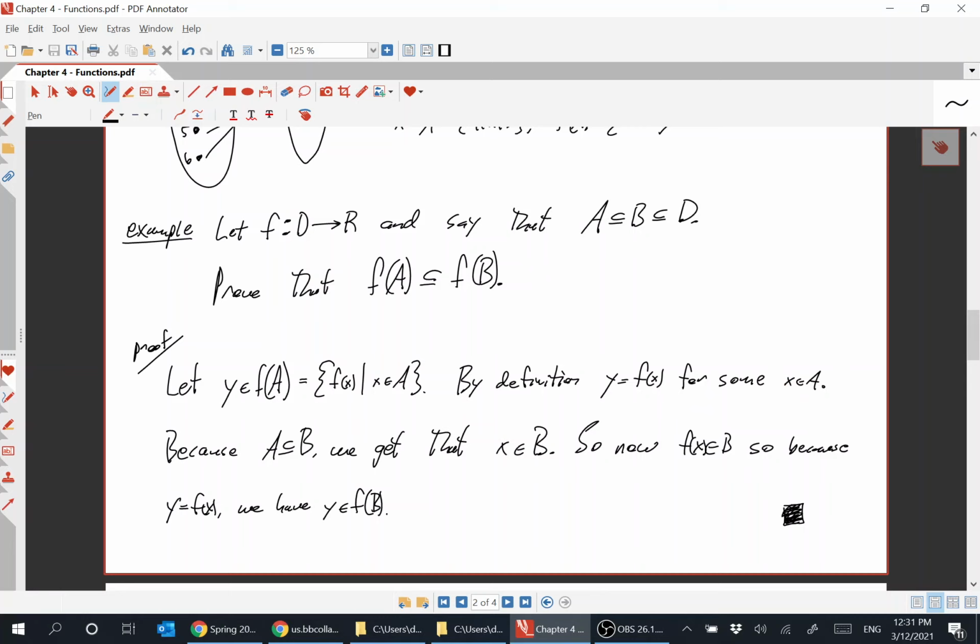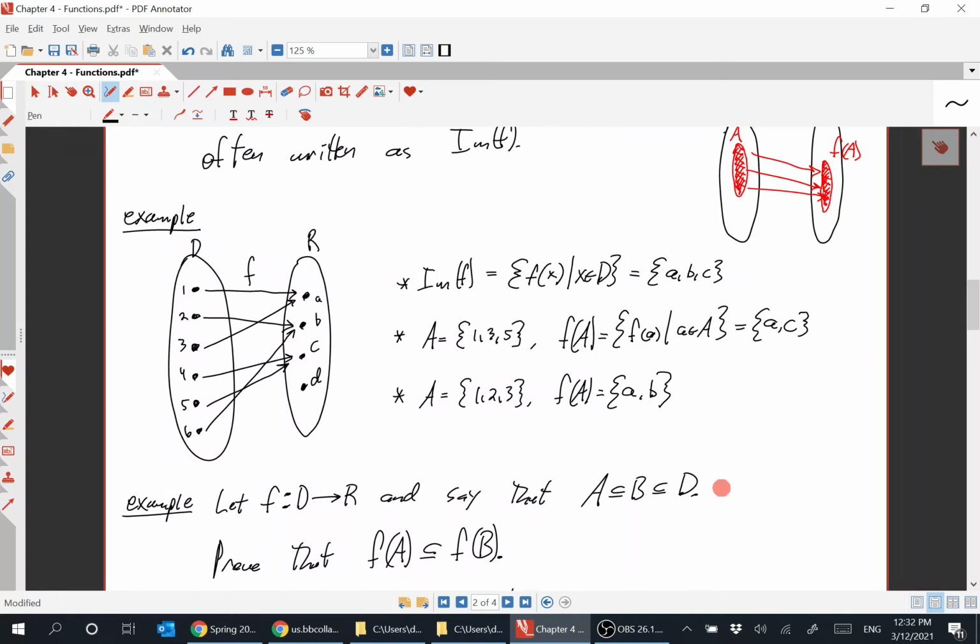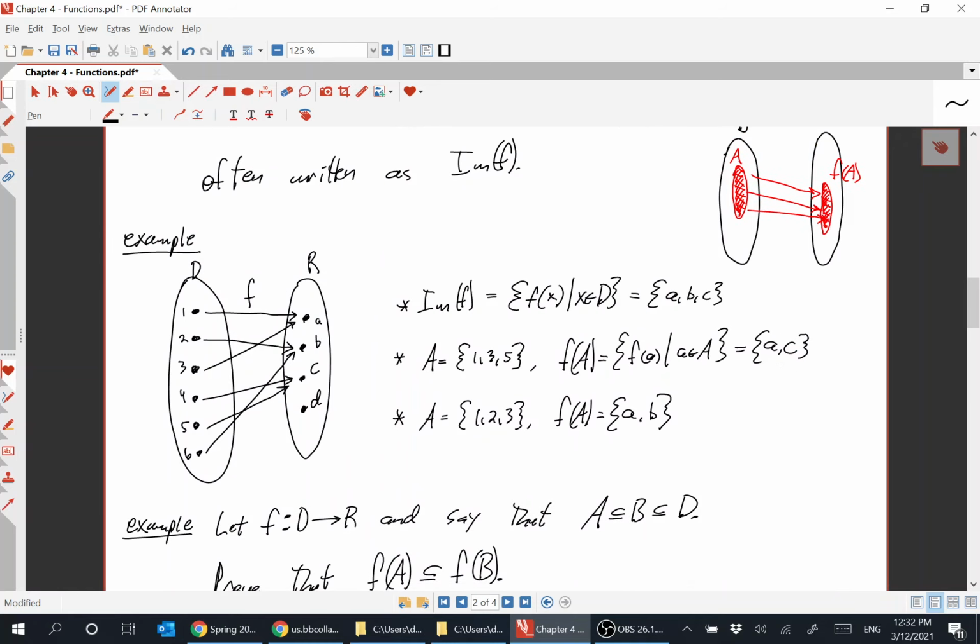By the way, you can't start, like I was saying last time, with: let f of x be an element of A, then f of x is an element of f of A, then x is in A. That totally doesn't work. That's not true. For example, here, f of 1, 3, 5 is little a, little c.